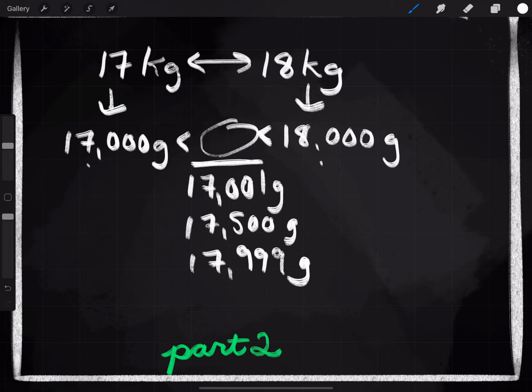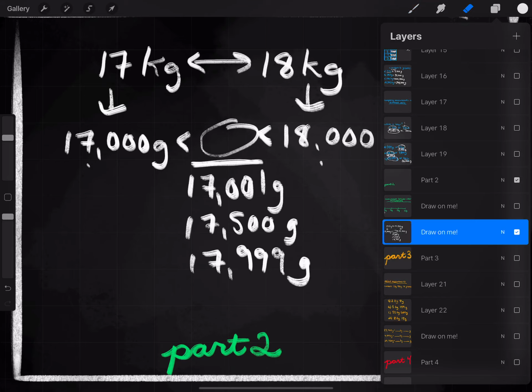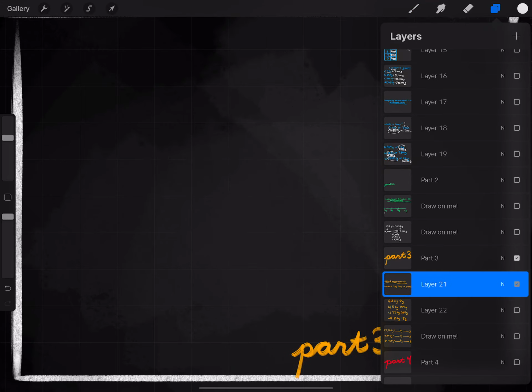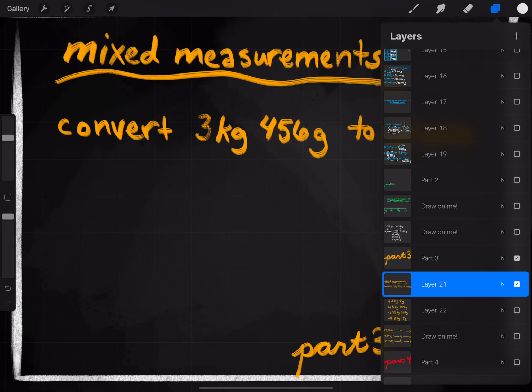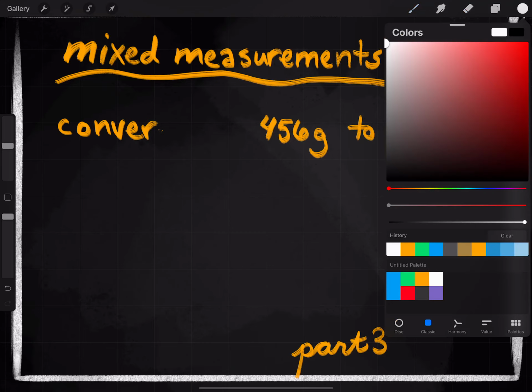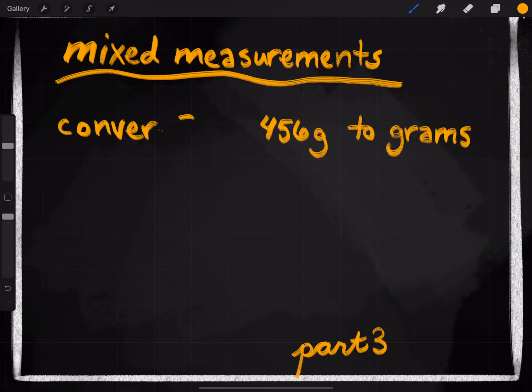All right, let's do something a little different. All right, we have some mixed measurements. So here we have 3 kilograms and 456 grams.